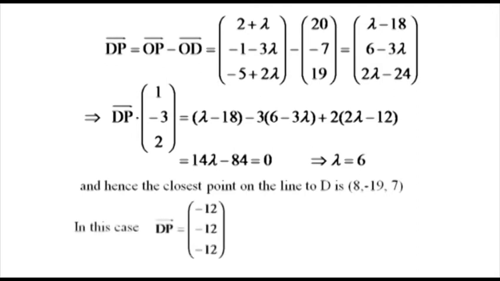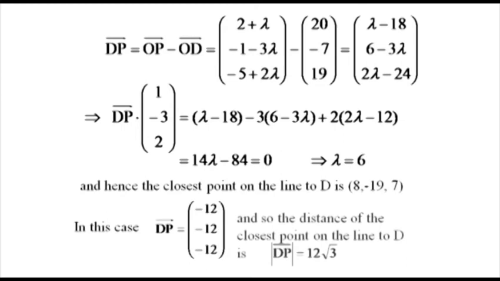In this case, the vector DP is given by (-12, -12, -12), which is indeed perpendicular to (1, -3, 2). To find the minimum distance, we need to calculate the length of the vector DP. Since DP is -12 times the vector (1, 1, 1), it's easy to see that this is simply 12 times the length of the vector (1, 1, 1), i.e. it's 12 times root 3.